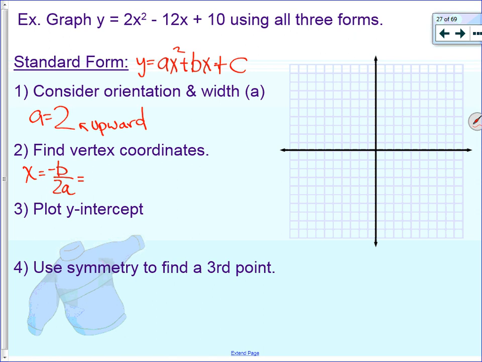So if x equals 3, we're going to calculate y by plugging it into the given equation.